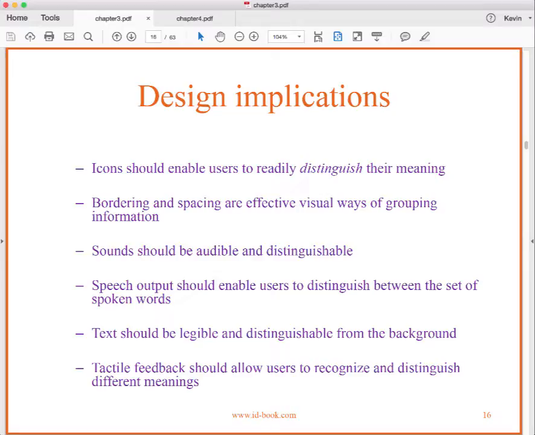So, what are the design implications for the perception aspect of cognition? Well, icons should enable users to readily distinguish their meaning. One of the things that is kind of interesting here, not in this text, but I've mentioned in some of my other lectures, is a text by Cooper called About Face, which is, I think, up to the fourth edition.